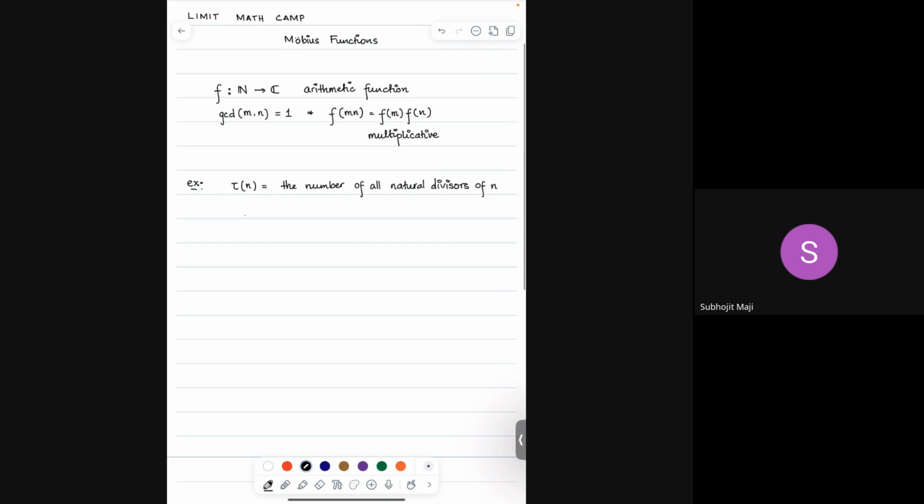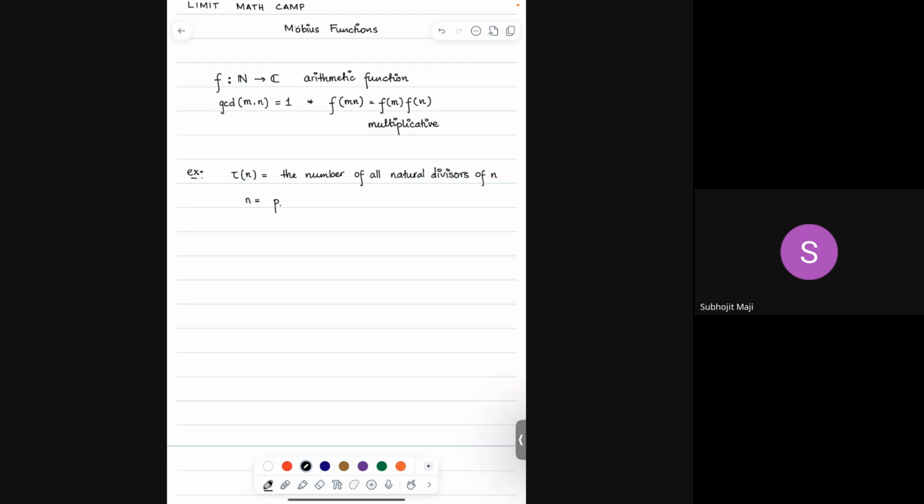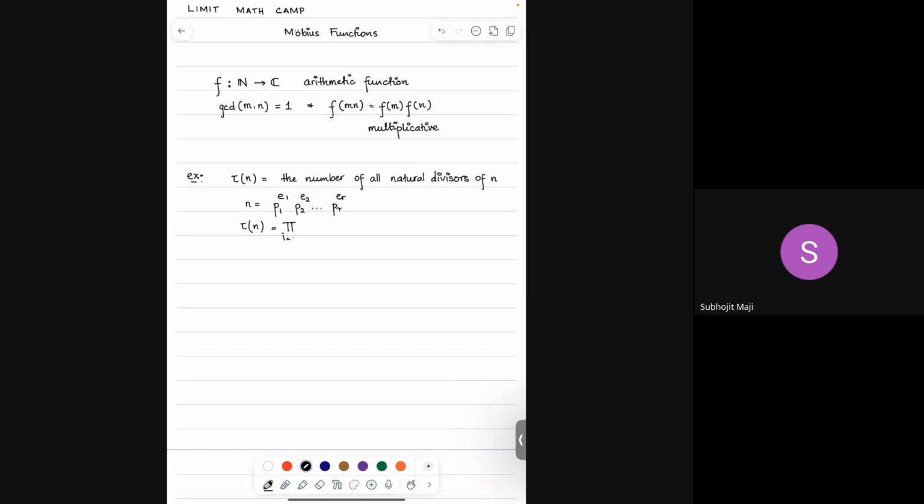And if n is, let's say you write down the factorization as p1 to the power of e1, p2 to the power of e2, so on up to pr to the power of er, then tau of n has a very nice formula, which is the product, i going from 1 to r, of (ei plus 1).